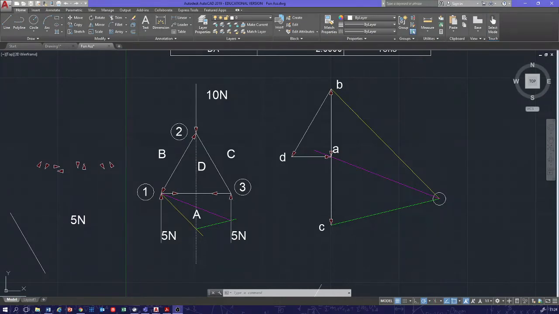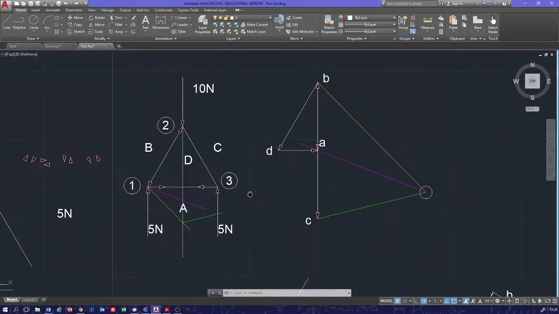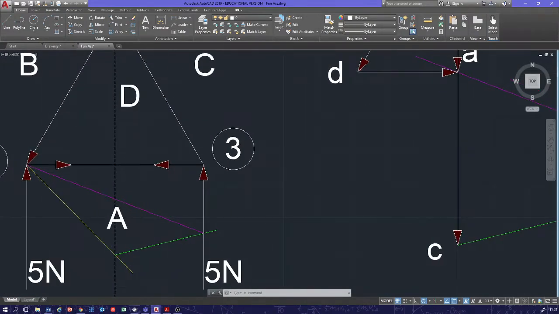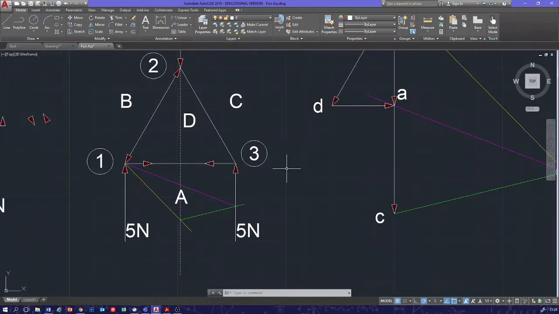Okay, so we're just going to focus on joint 3 for a moment. So looking at joint 3, let's zoom in on joint 3. We've got C, D, and A around that joint. So we know that C to A is 5 newtons.